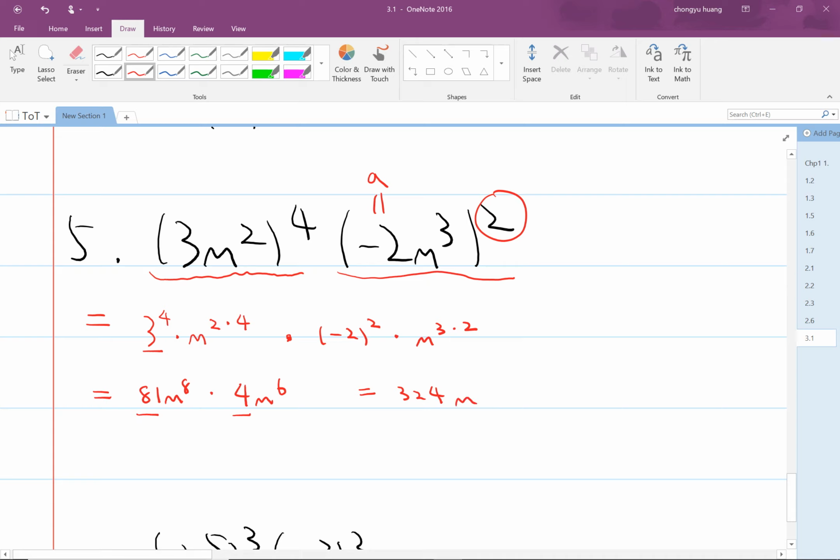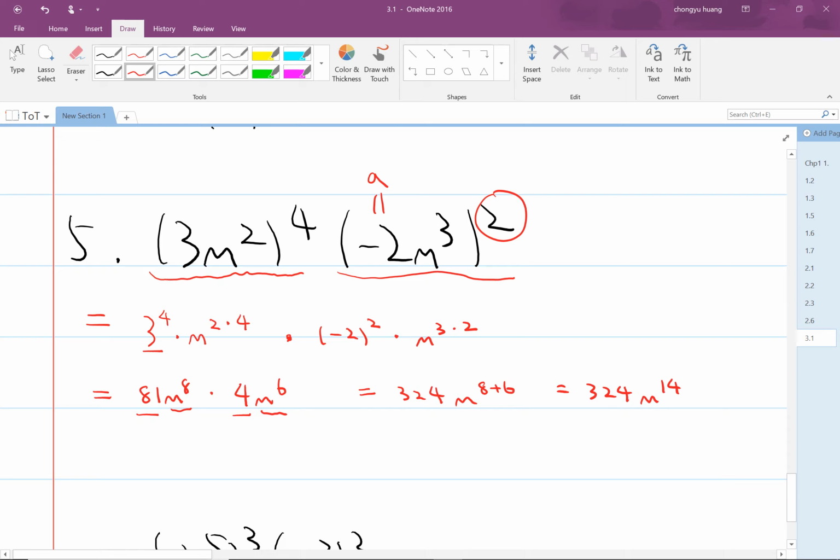And then we got those two variables, m to the power 8 multiplied by m to the power 6. So it becomes m to the power 8 plus 6, which is the property I think everyone knows. So we are on our last step: 324 m to the power 14, since 8 plus 6 is equal to 14.